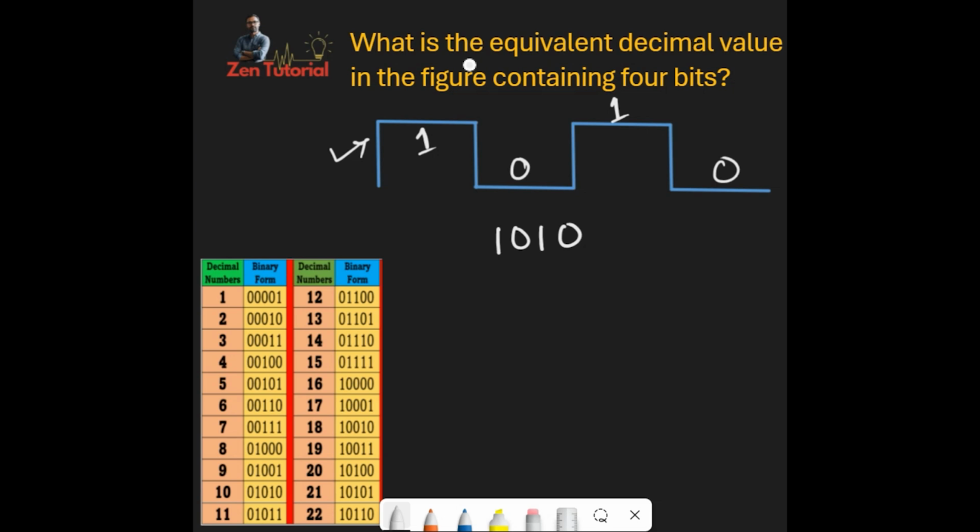The 1010 is a 4-bit value, and its decimal value will be 10.